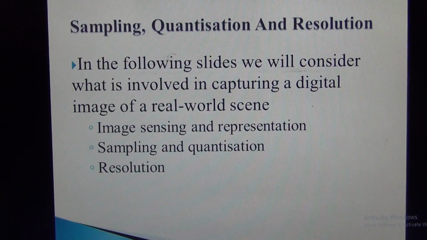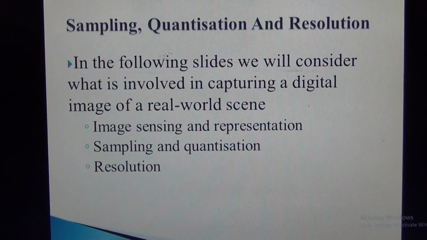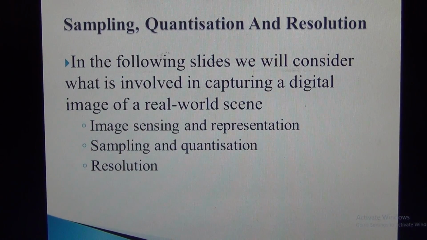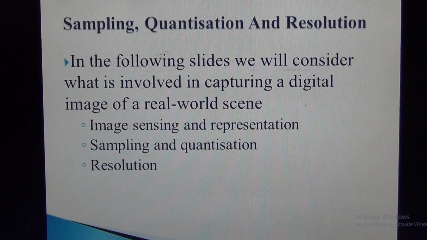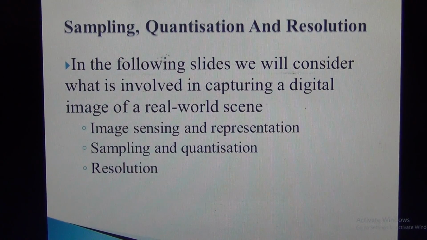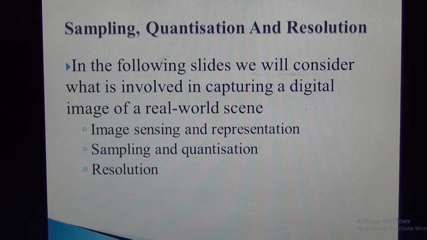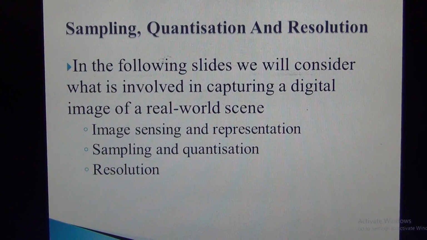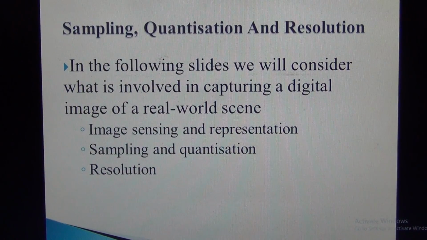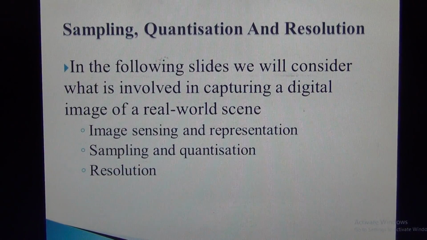Next is sampling and quantization. An image may be continuous with respect to x and y coordinates, as we have discussed in our previous lecture, that an image is comprised of xy coordinates. So an image may be continuous with respect to x and y coordinates and also in the amplitude. To convert it into digital form, we have to sample the function in both coordinates and in the amplitude.